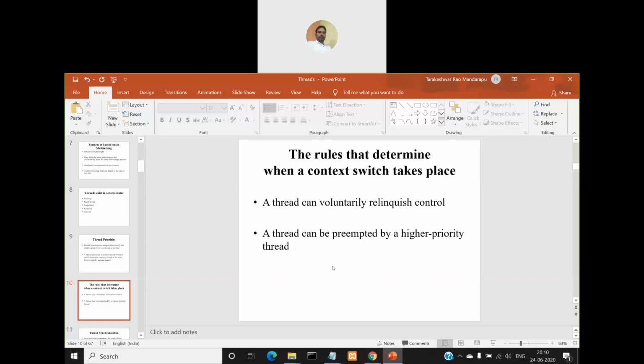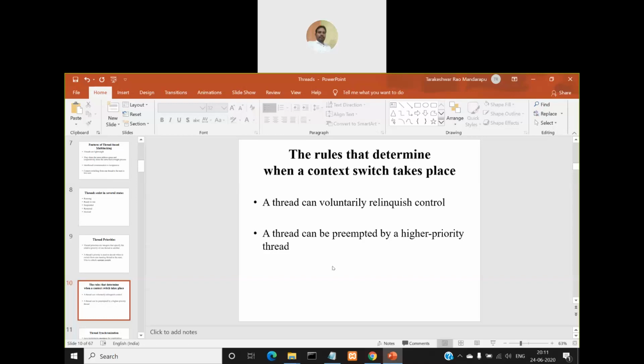There is another algorithm called the round robin scheduling algorithm, based on which each thread will be given a time slot. The time slot will be equal for all the threads. For example, each thread is given 1 second for execution. During that 1 second, to whatever extent it can complete its execution, it executes.